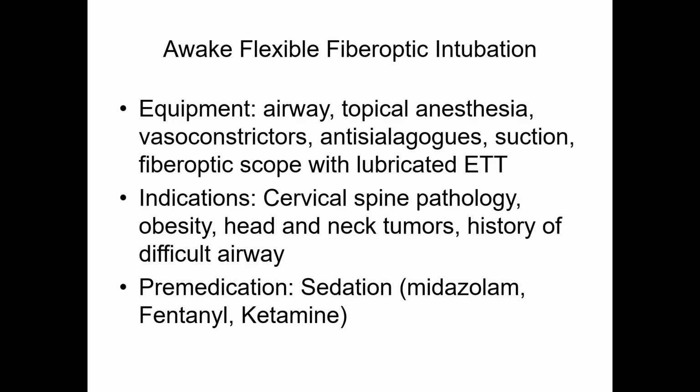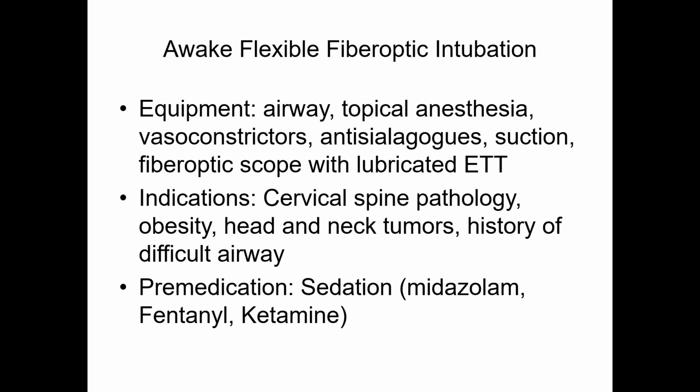Awake flexible fiber optic intubation. We have a case that is morbidly obese or has a cancer in his mouth, or where difficult intubation is anticipated. So there is no need to go and try another method. From the start, we prepare the fiber optic bronchoscope, prepare the instruments, and start intubation.